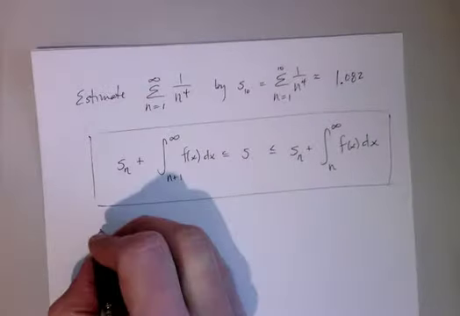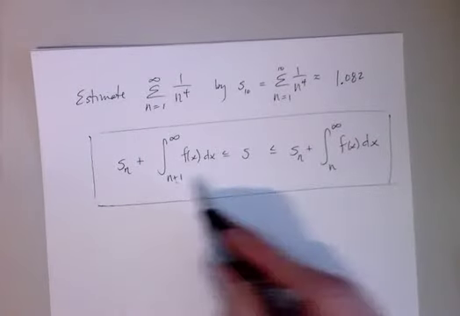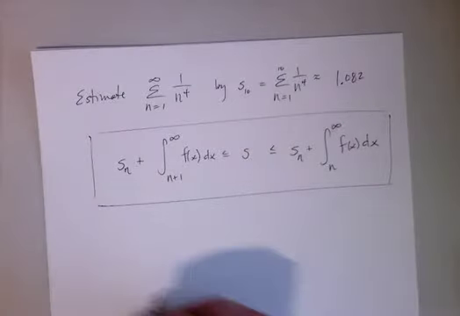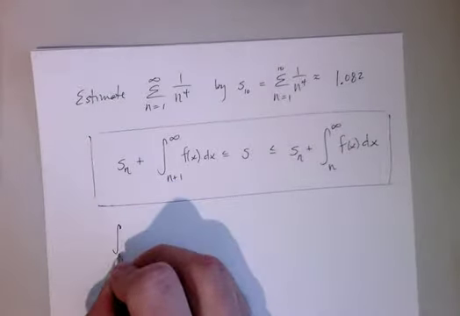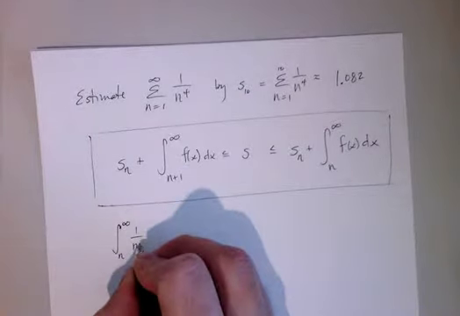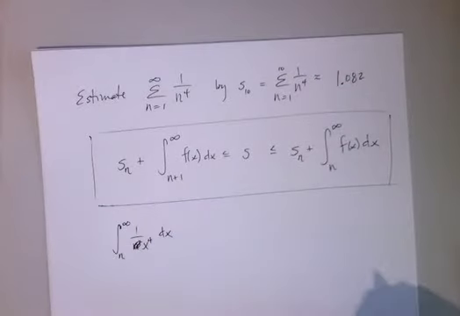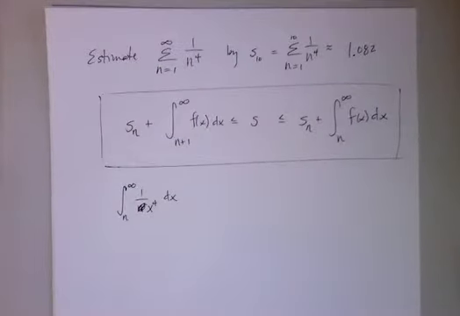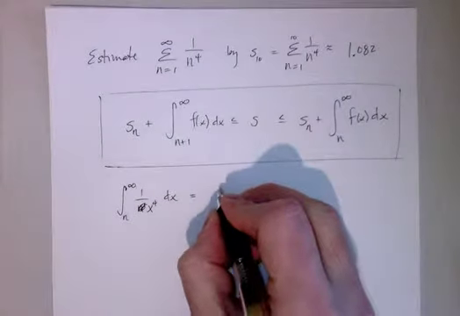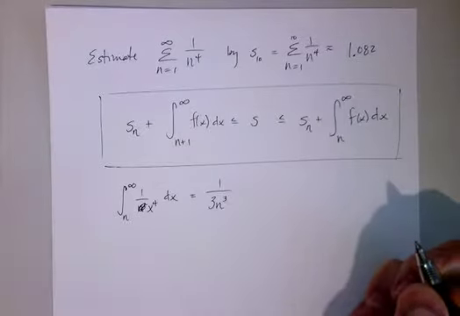Now, all I need to know, since I'm going to be integrating from n to infinity and n plus 1 to infinity, why don't I just go ahead and find myself the general form for n to infinity of 1 over x to the 4th dx? Because I can do that, okay? And once I've done that, it actually winds up being 1 over 3n cubed, okay?